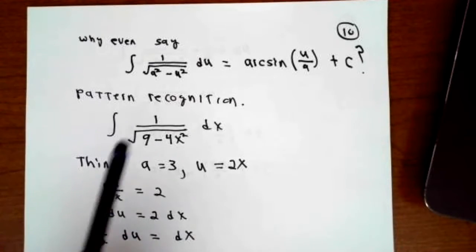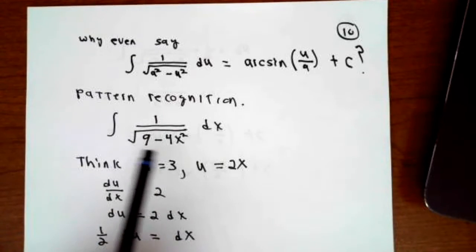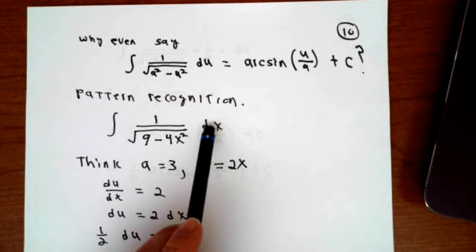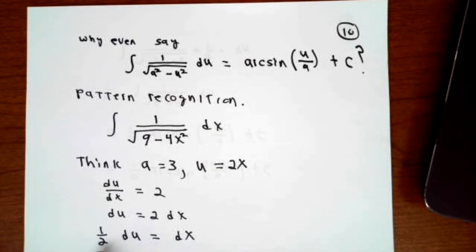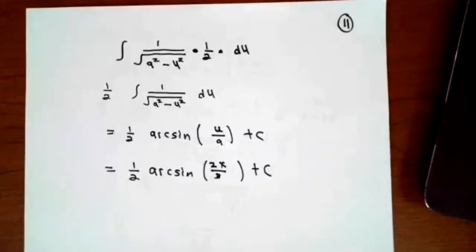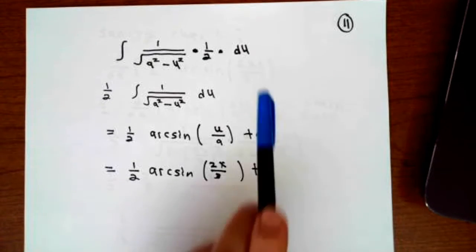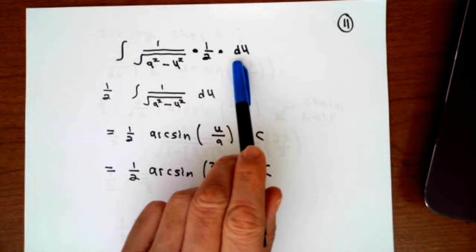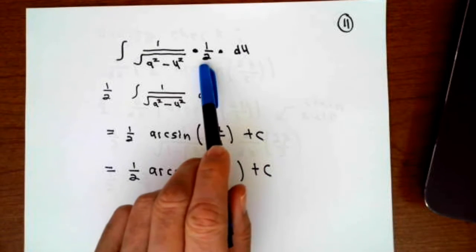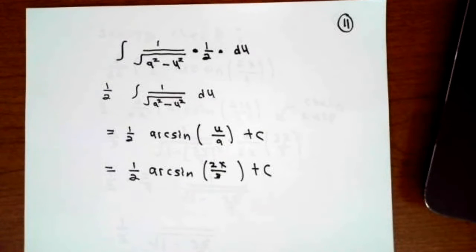I have 1 over this radical. I have dx, which I'm going to write as 1/2 times du. So my integral literally turns into the integral of 1 over square root of a squared minus u squared with respect to u, except I have this extra factor of 1/2.